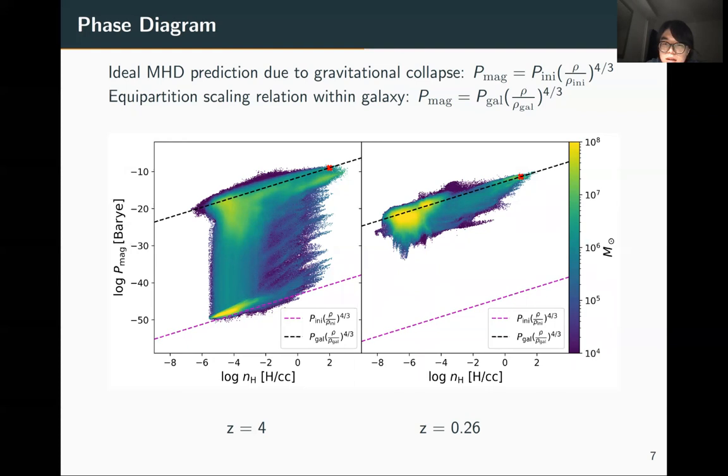The figure here shows the 2D mass-weighted magnetic pressure against the gas density within 10 virial radii. We can see a region following the ideal MHD scaling. When the gas collapses and forms a star-forming disk, the subgrid dynamo starts to amplify the field. We can see the effect in the two upper branches.